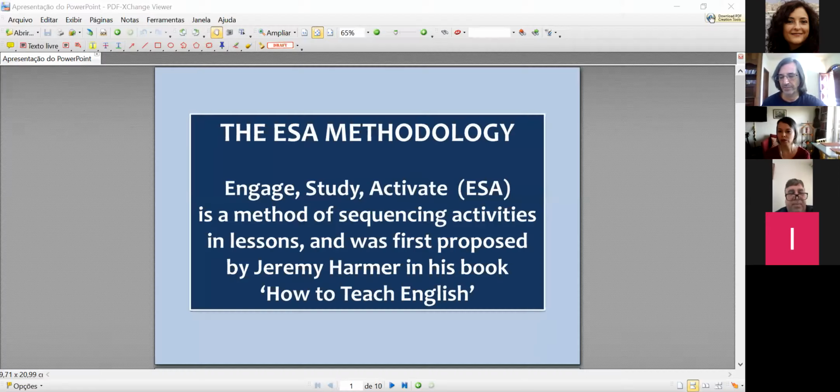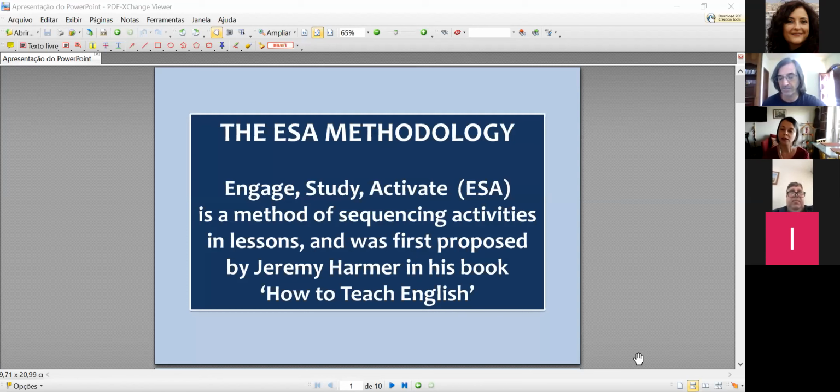All right, so I'm going to present, maybe some of you already know this methodology, ESA. I think most English teachers probably know this one. It's similar to PPP, which I think is more popular, but I think it's very effective, and we can think about this kind of methodology for any kind of lesson, even if we are using American English File.